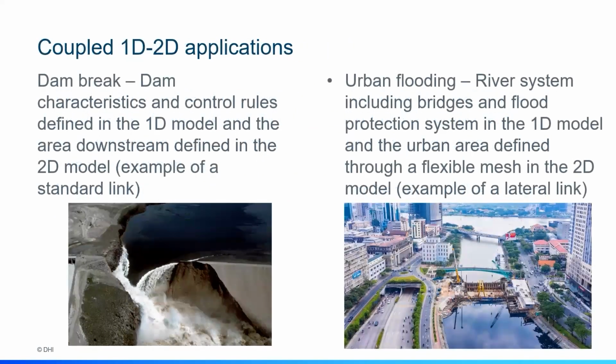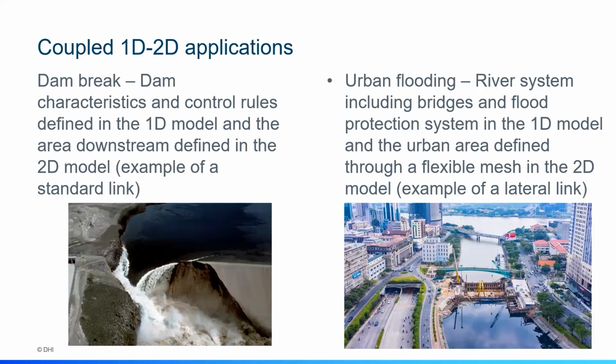Just as an example of some applications where the 1D 2D approach could be suitable, would be situations where we have structures and floodplains that need to be modeled using high precision and detail for both components. A situation like a dike or dam break model can be the case here, where complex control rules can be simulated in the 1D component, and the flow propagation can be dealt with in the 2D component.